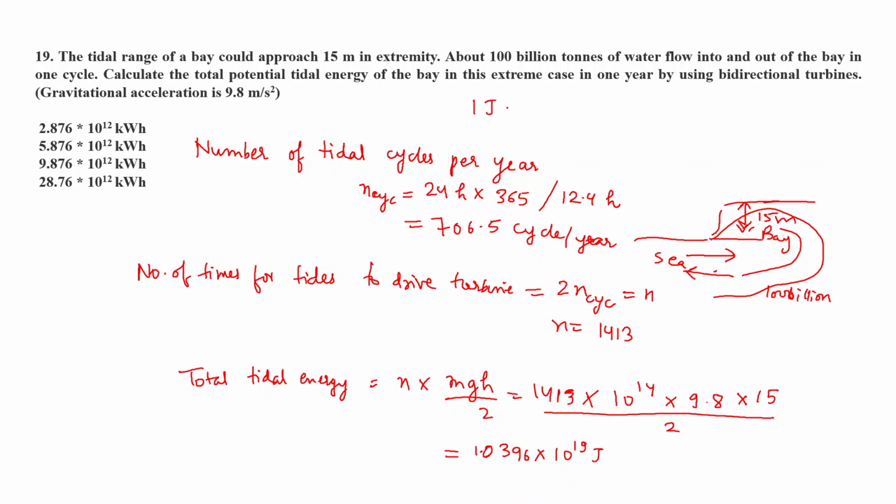So 1 joule is equal to 2.77 into 10 to the power minus 6 kilowatt hour. By this conversion, we will get 2.87 into 10 to the power 12 kilowatt hour.